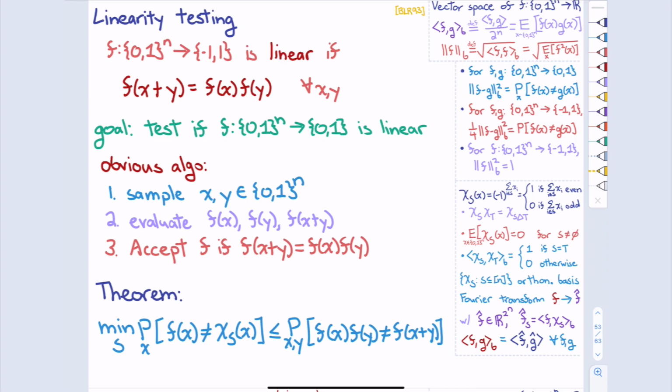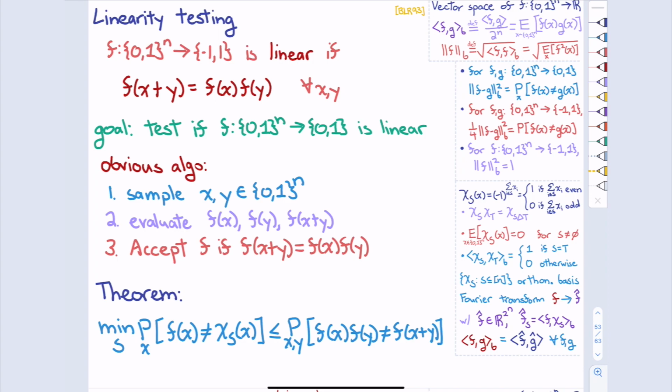It has to be equal because now we're sandwiched at 0 and 0. That means there's some s that agrees with f everywhere. So one takeaway is that every linear function is a parity function.